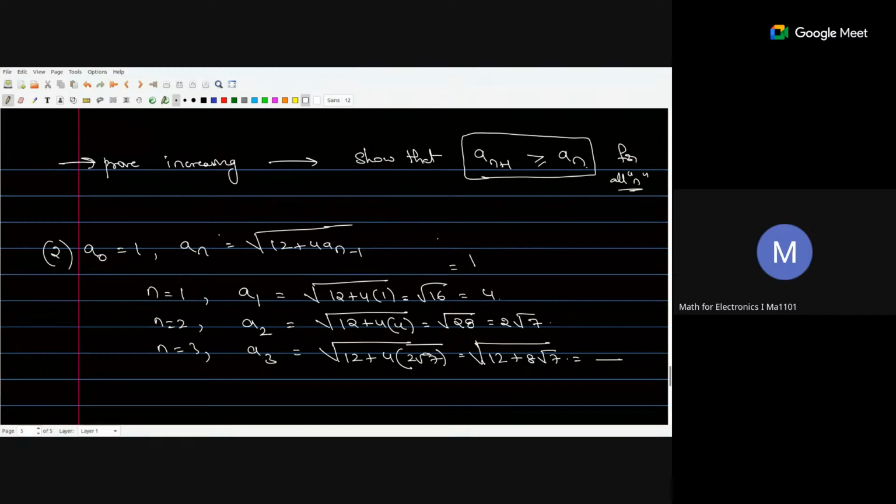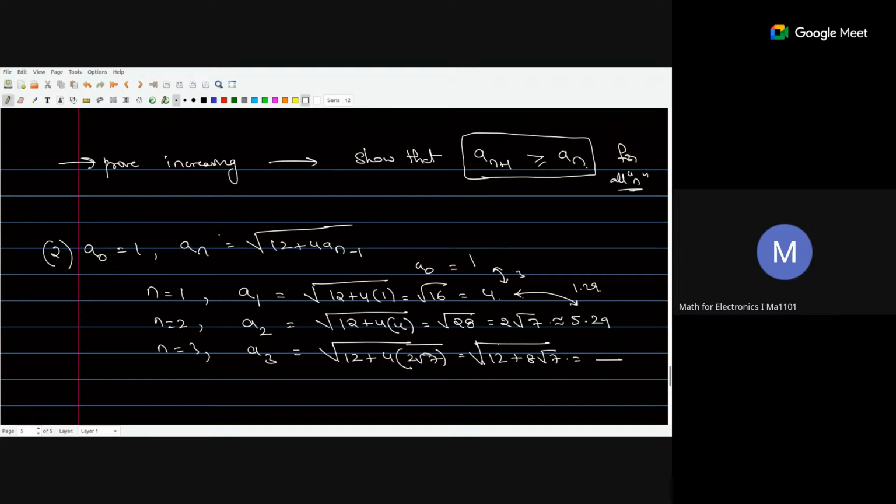It started from a0 equal to 1. You see the difference between these two, it is 3. Correct? The first term and the second term differ by 3. And then 2 root 7 comes very near to 5.29, and you see the difference is 1.29, which is lesser than 3.